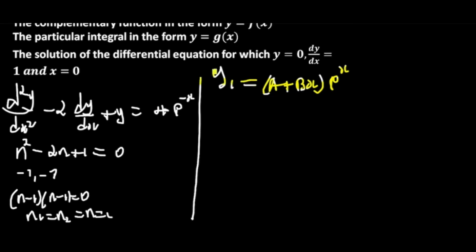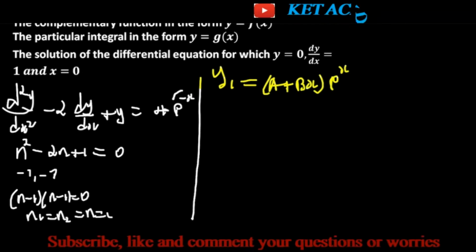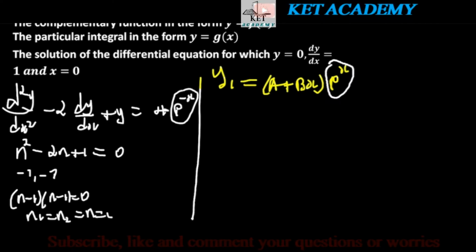Complementary solution. Now if we want to compare our complementary solution with our particular solution, we see here clearly that our particular solution is not part of the complementary solution.